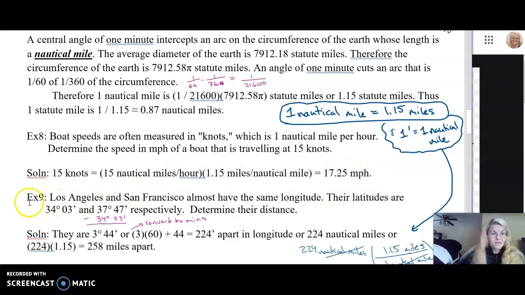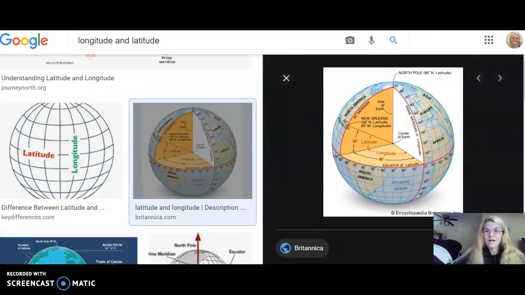All right, longitude and latitude. We're going to do example 9 and start the second part in our next video. But longitude and latitude, here's a Google search of that. Latitude is flatitude, longitude is long. When I say latitude is flatitude, you should be thinking y values.